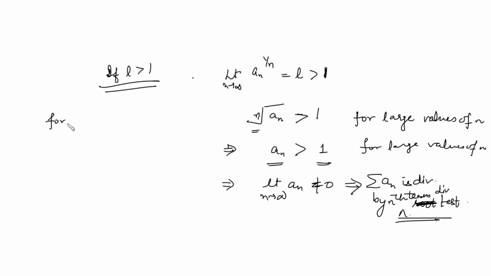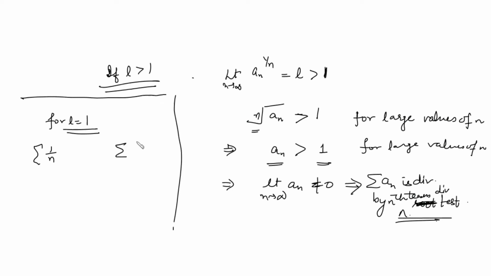But for L equal to 1, this test fails, because we have the example of the 1 by n series and the 1 over n squared series. Here one is divergent by the p-series test, and the other is convergent by the p-series test. But if you find the behavior of these series with the help of this nth root test, what will happen? It is 1 by n. When you take its nth root and then find the limit as n goes to infinity, this limit is 1.